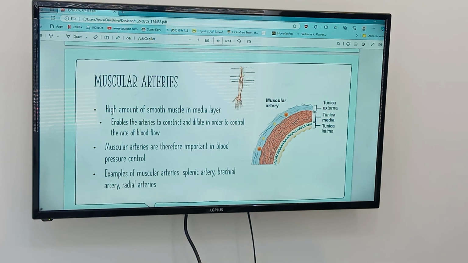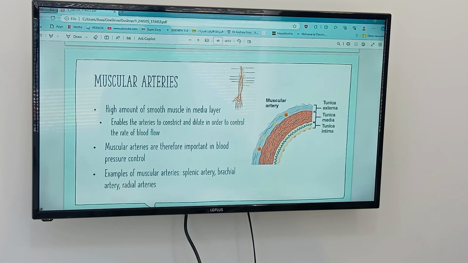We can see the tunica externa is extremely thick, while the tunica media is also thick. Tunica intima is okay.